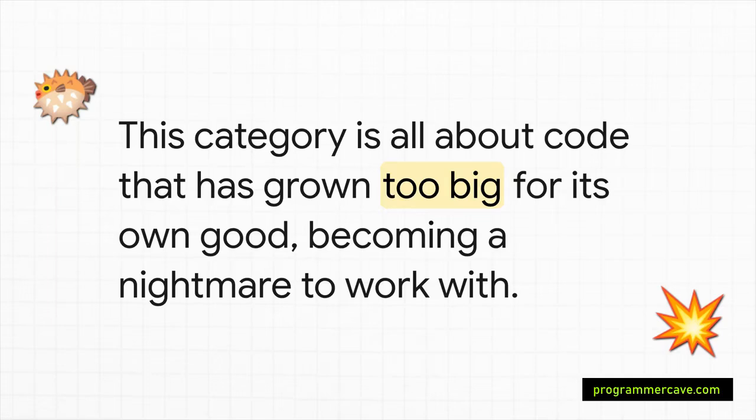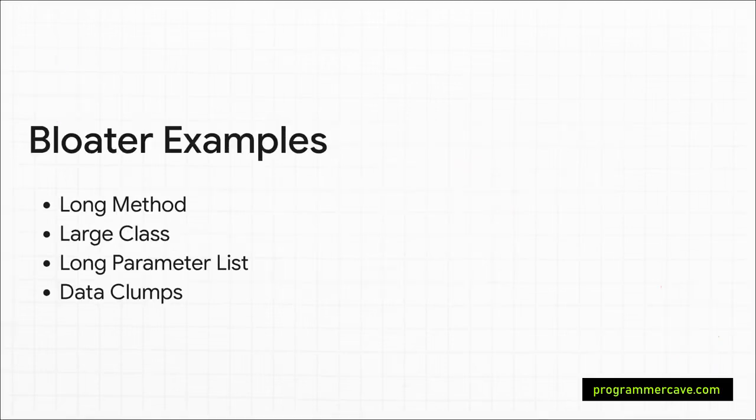Imagine trying to read a single chapter in a book that's like 200 pages long. It's just way too much to take in at once. And in code, this can happen with a function, a class, or even just a list of parameters. So here are a few classic examples of bloaters. A long method is one that's just trying to do way too much at once. Then you have the large class, which often breaks a really important idea called the single responsibility principle.